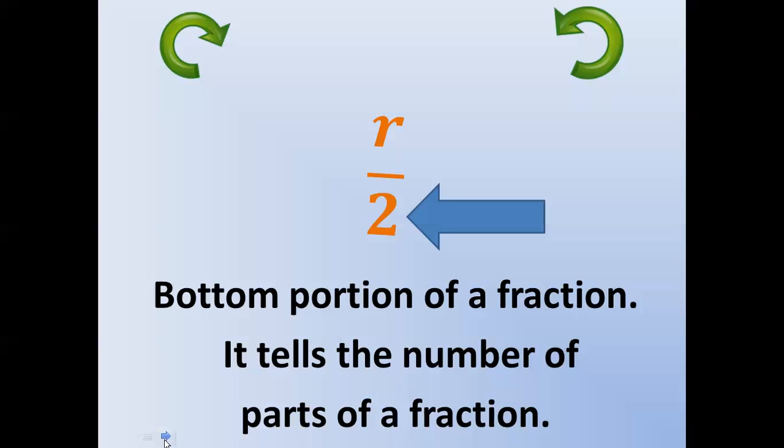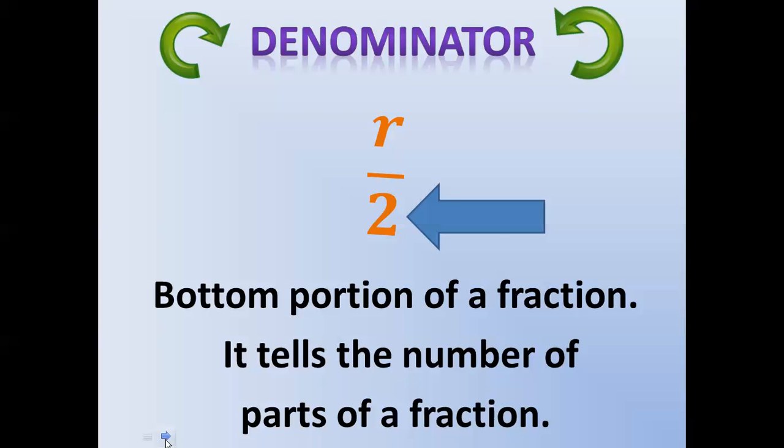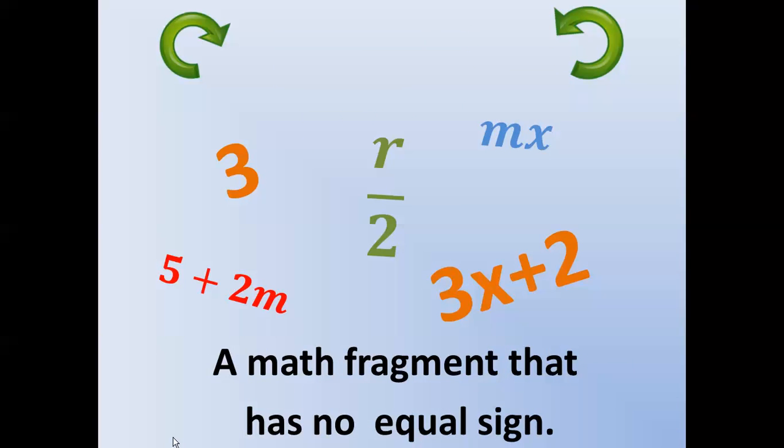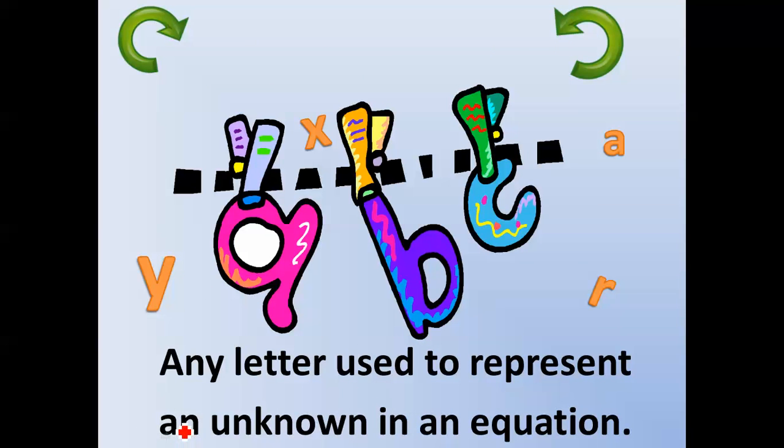What about this one? What is this one? Denominator. And this one? Equations must have an equal sign. What about this one? No equal sign is an expression. Letters.